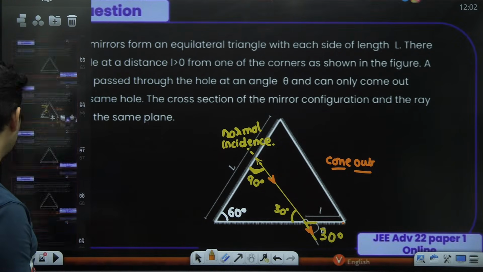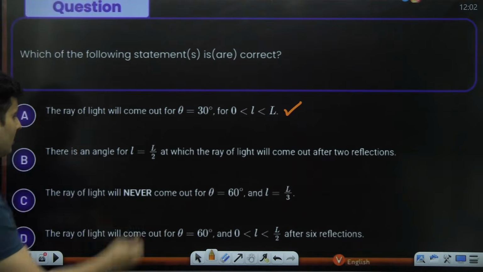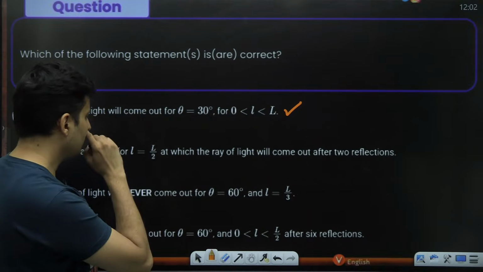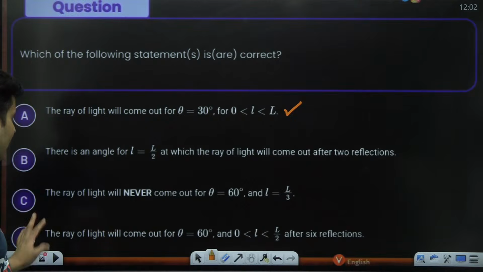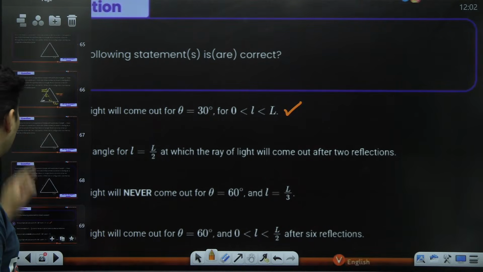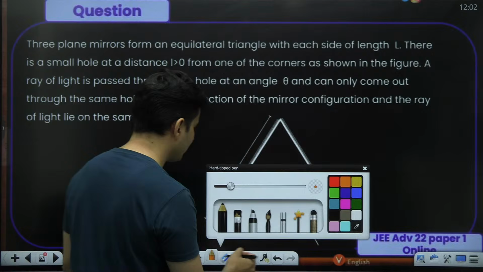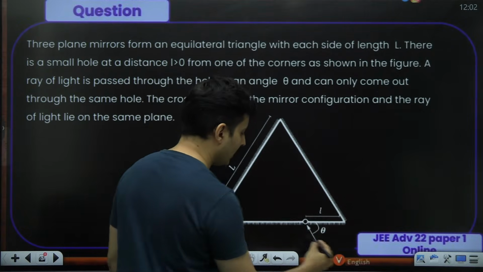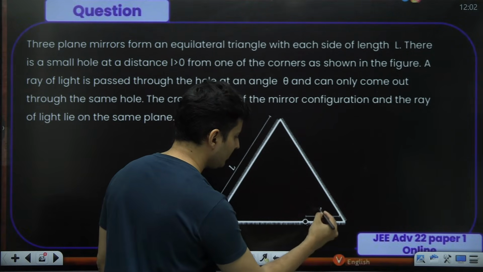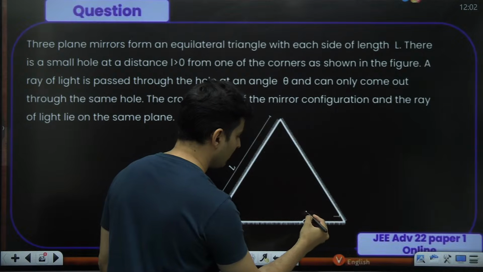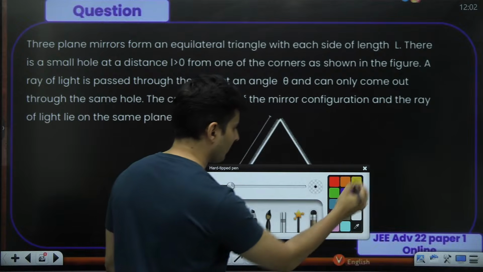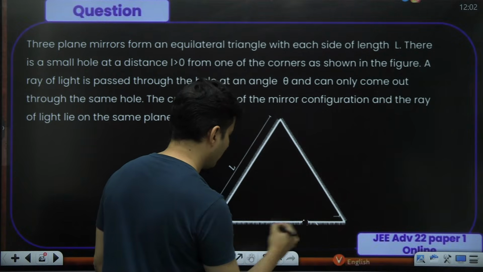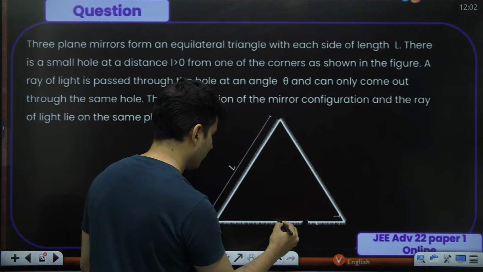Now let's go to the second option. What is the second option telling us? For l equal to L by 2, the ray of light will come out after 2 reflections. There is an angle for l equal to L by 2. So L by 2 means it is exactly in the middle. So this hole is somewhere in the middle, somewhere over here.